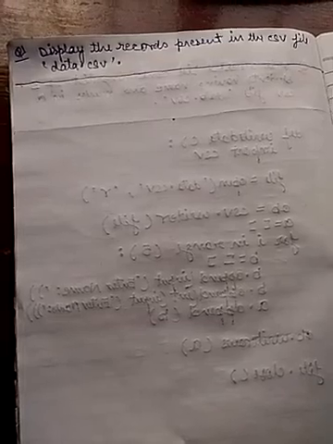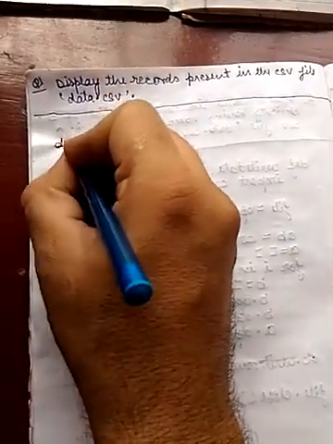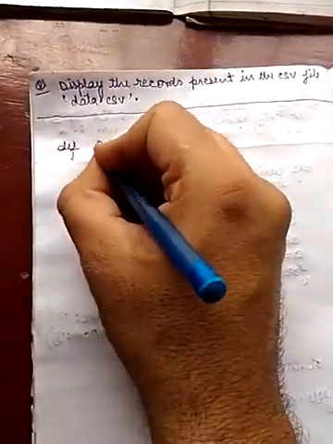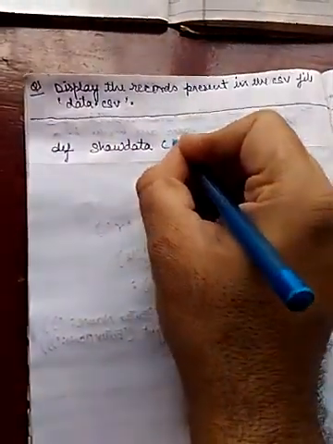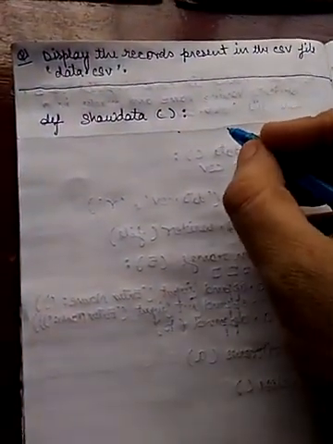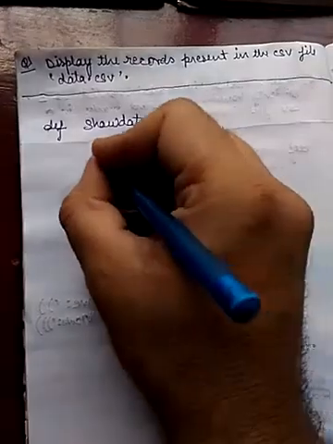So we have learned to write the data in the CSV file using the writer class, and to read the data from the CSV file we have to use the reader class. Now let us implement it. def, let us name the function show_data. First we have to import csv.